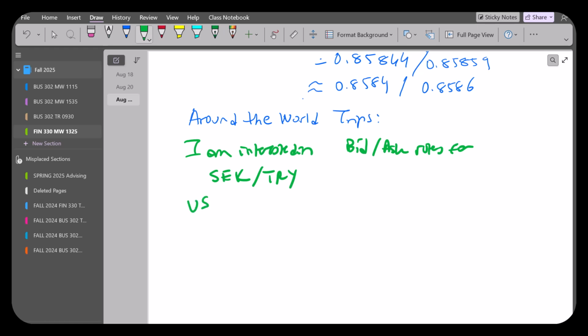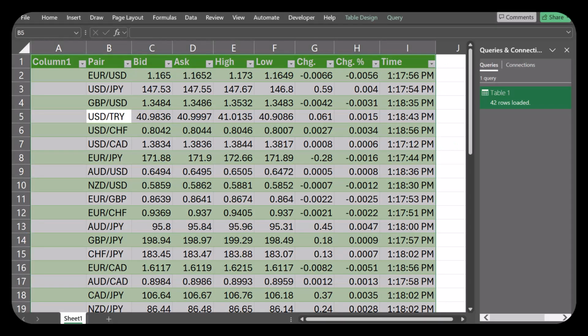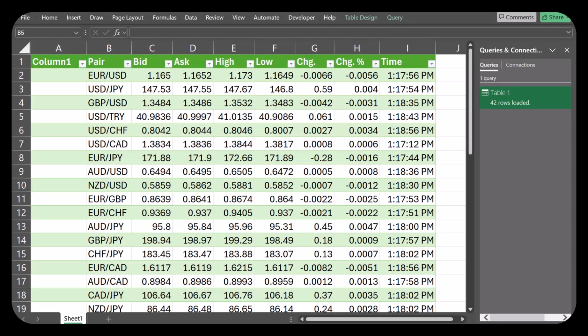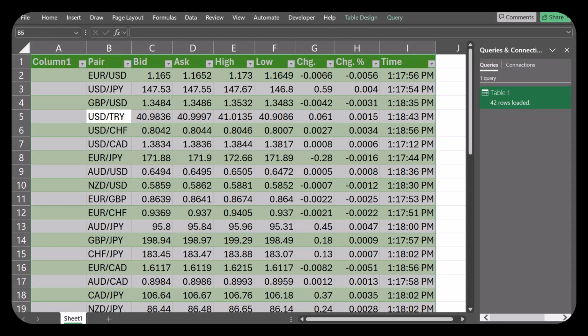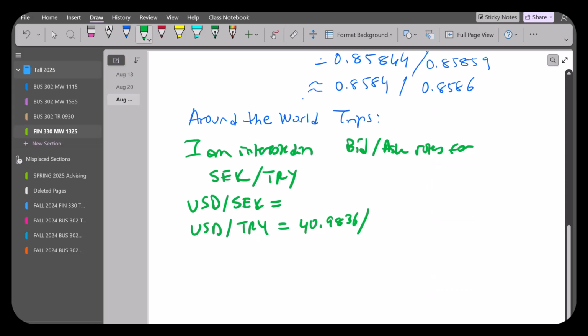So USD SEK and USD TRY, 40.98, 99.97. Or let me write it full.